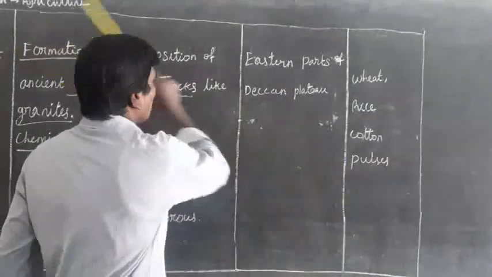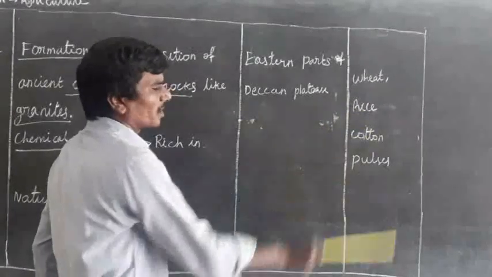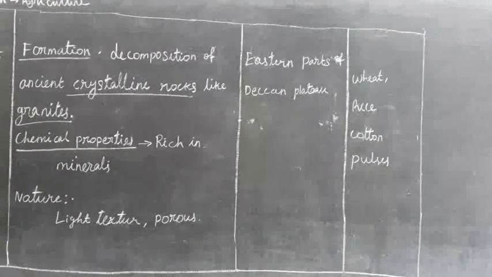The red soil grows wheat, rice, cotton, sugarcane, and pulses in these regions.